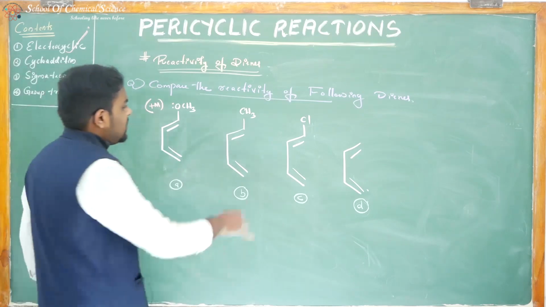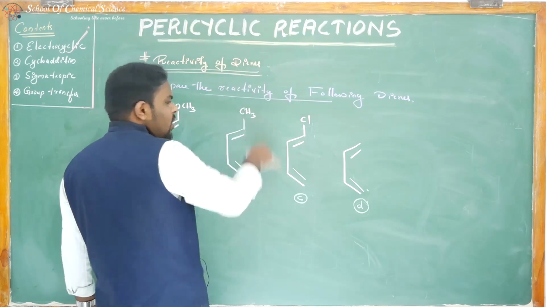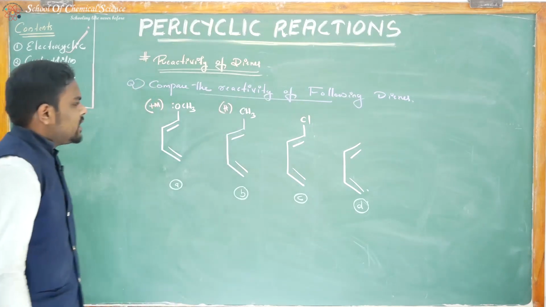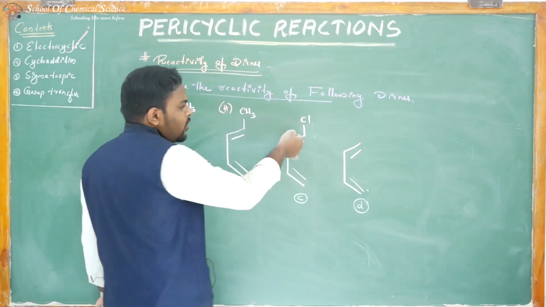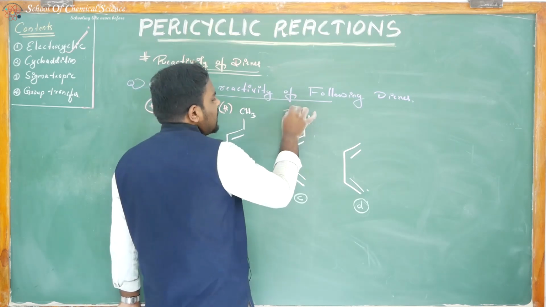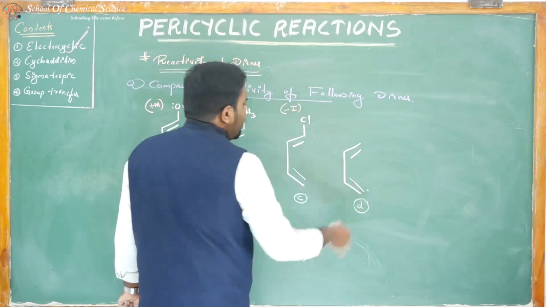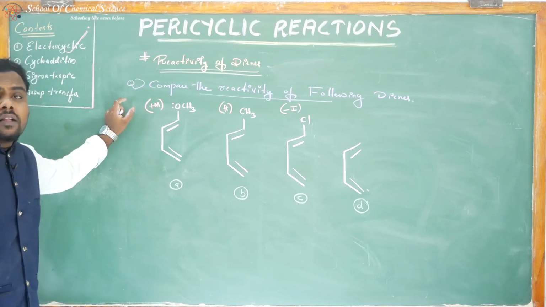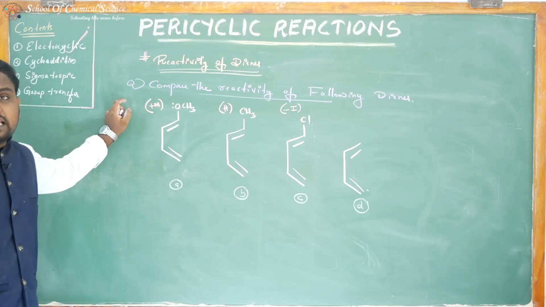What about CH3? CH3 is also an electron donating group due to hyperconjugation effect. But chlorine is an electron withdrawing group, minus inductive effect. This is simple 1,3-butadiene. This effect we will discuss in general organic chemistry, GOC.